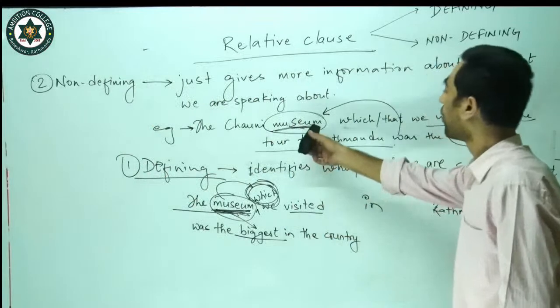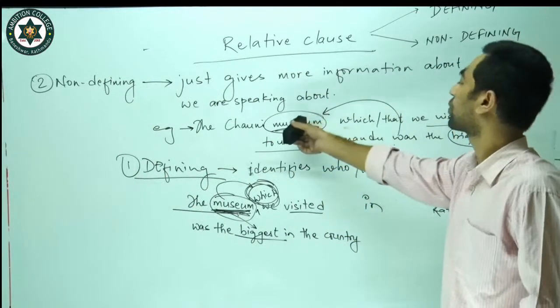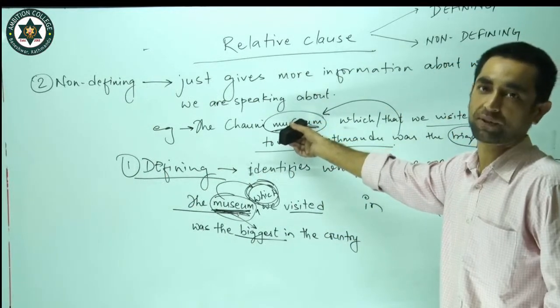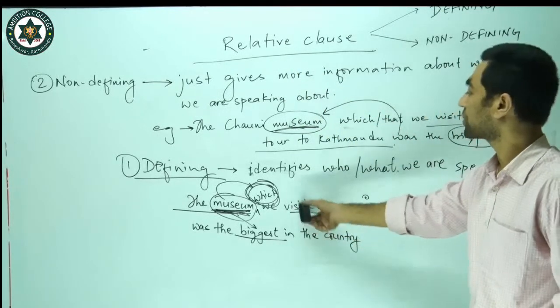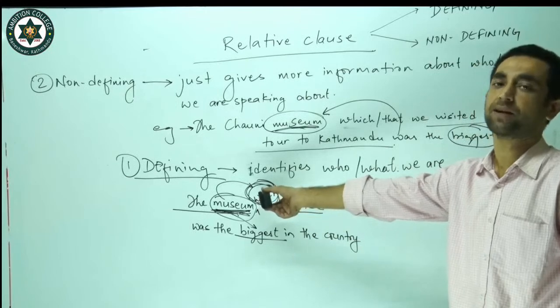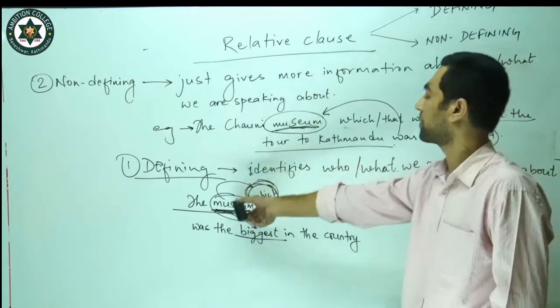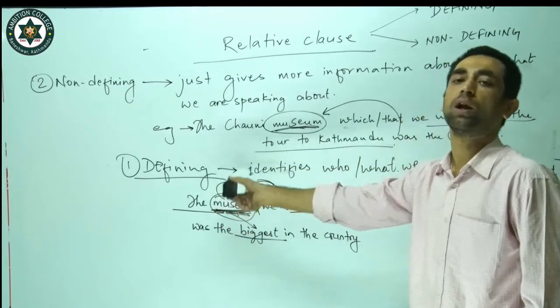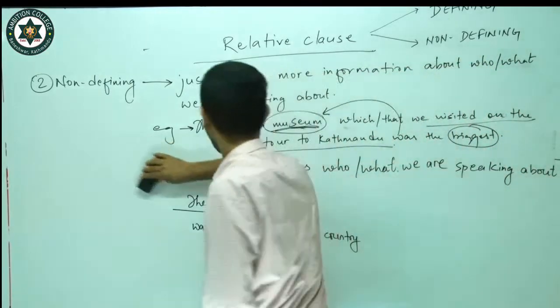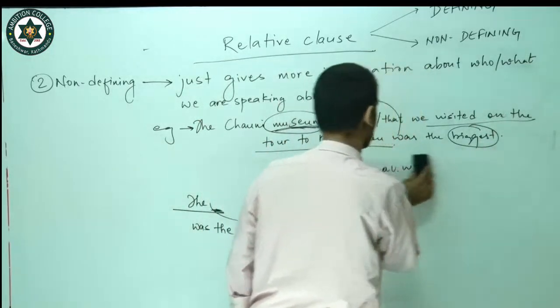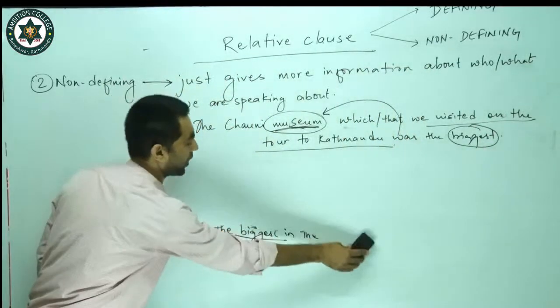Whenever we go via somewhere to talk about the information of this, that is the non-defining relative clause. When you have the straightforward information that provides the essential information about the noun, we call it the defining relative clause. So now our concern does not remain the defining relative clause.